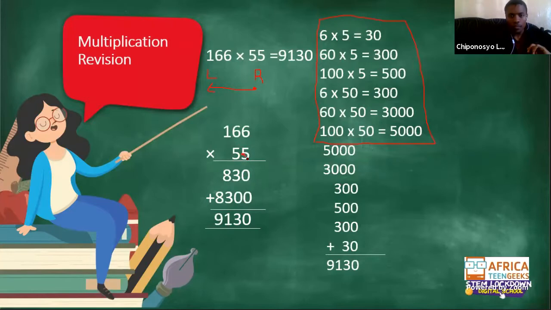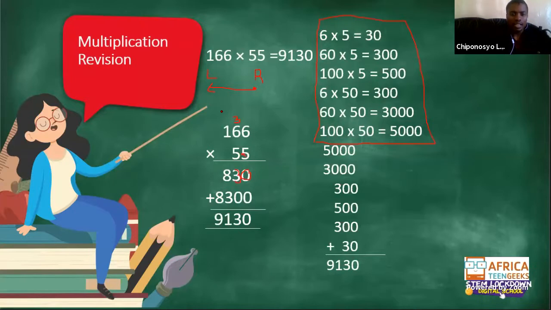Let's see. 5 times 6 is what? It is 30. So I put down my 0, and then I carry 3. 5 times 6 again is what? 30. Plus 3 is what? 33. I put down my 3.